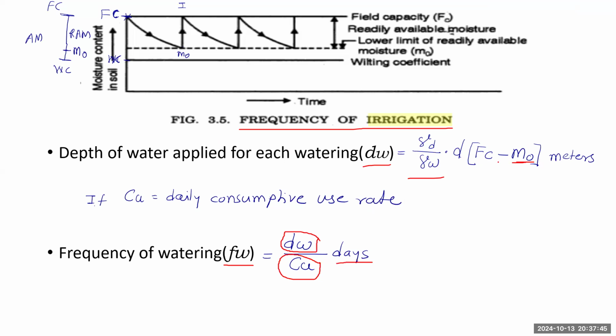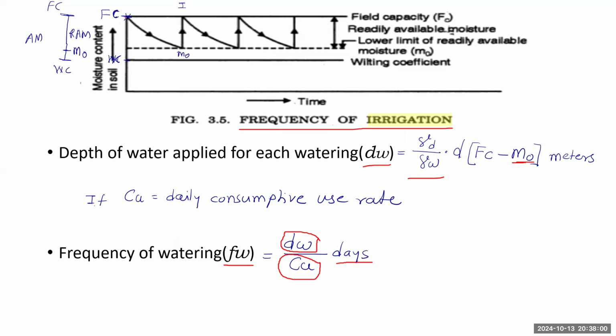So if we keep this moisture content, then we get the depth of water applied for each watering as dW. And then the frequency of watering we can calculate from dW upon Cu.